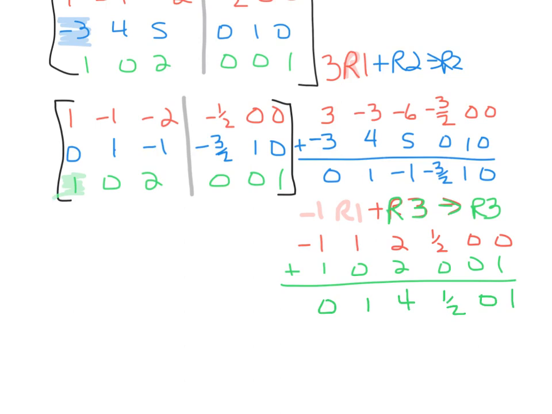This is my new row 3. Let me rewrite row 1. Rewrite row 2, I didn't change anything there yet. And now the new row 3 that I just calculated.